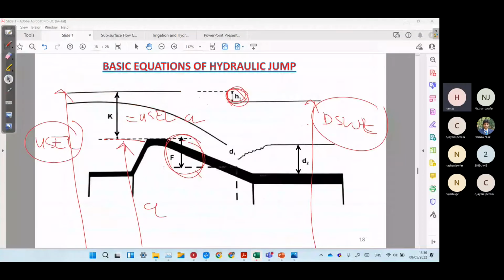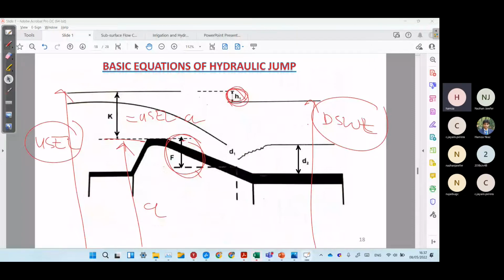Now after this, we have to find the E2 value, like in the previous part. So the E2 value would be downstream energy level minus hydraulic jump. So for example, this is downstream water level. If we subtract the hydraulic jump value from it, we can get the E2 value.